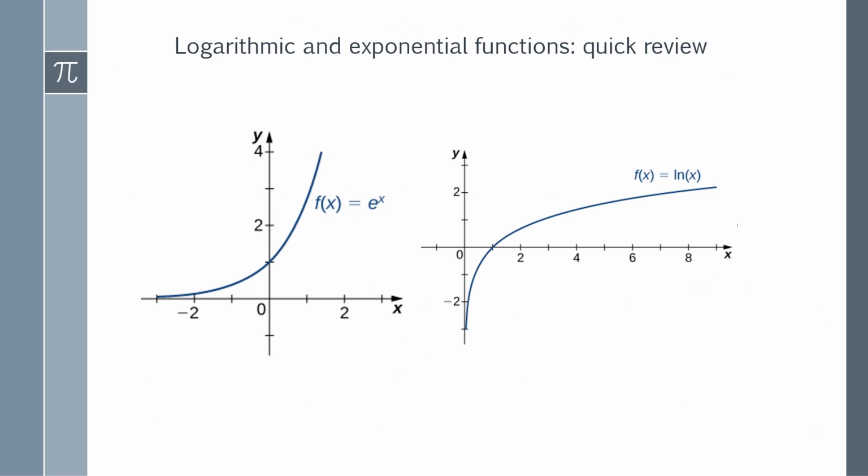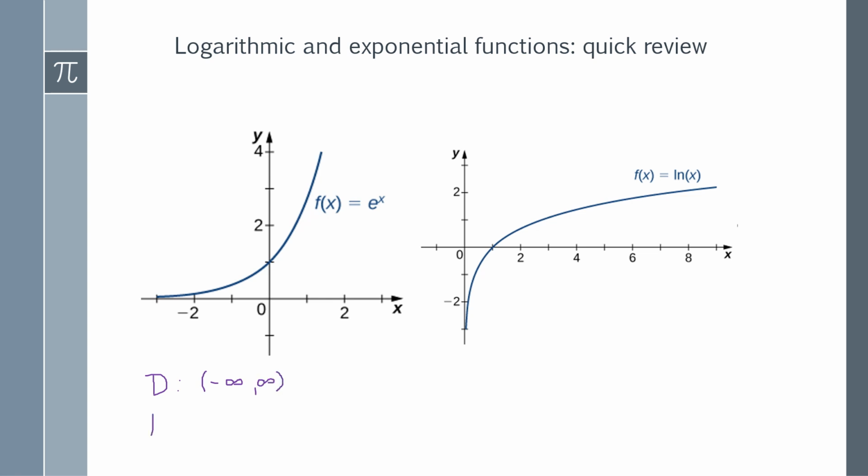Let's do a very quick review of logarithmic and exponential functions. So here on the left side of the slide, you can see a sketch of the exponential e to the x. And from here, we can see that the domain of this function would be all real numbers, right? So that would be from negative infinity to positive infinity for x.